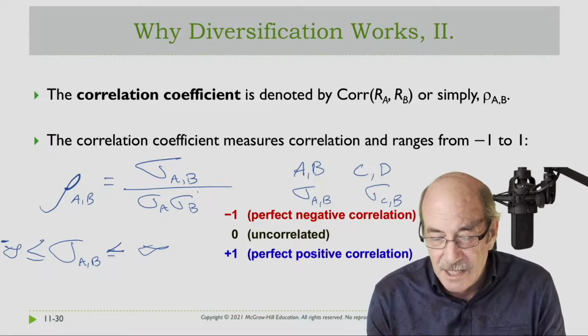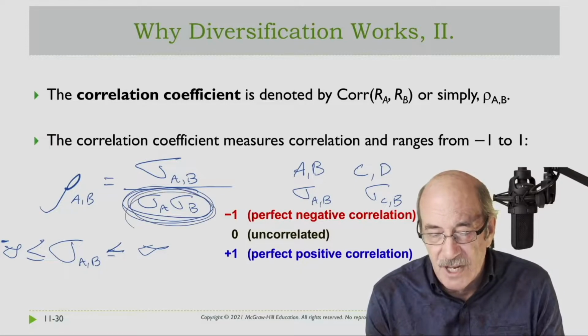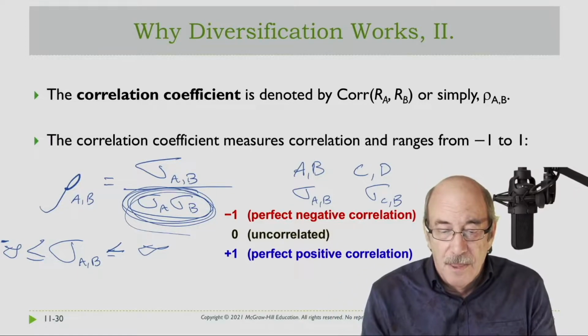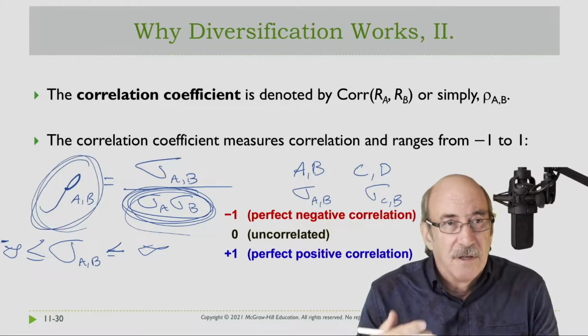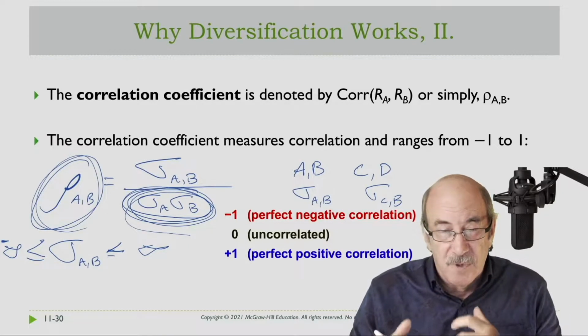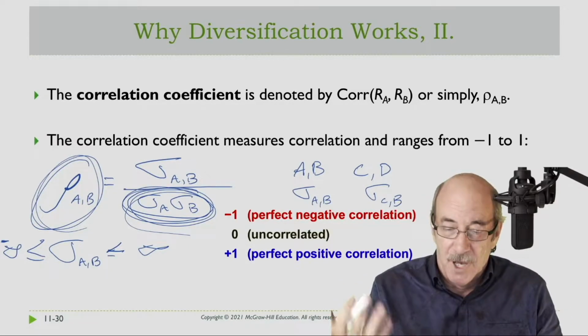If we scale it by the standard deviation of each item in the pair, then we get this nice contained thing called correlation that falls between -1 and +1.